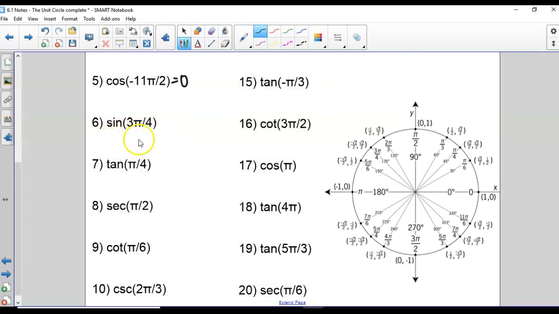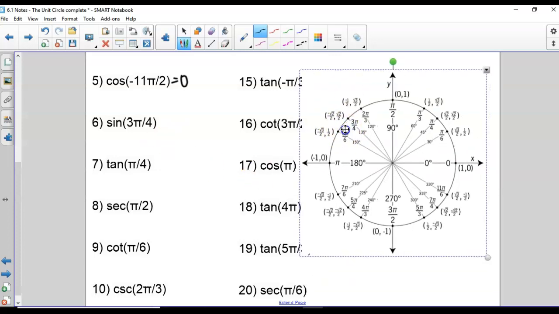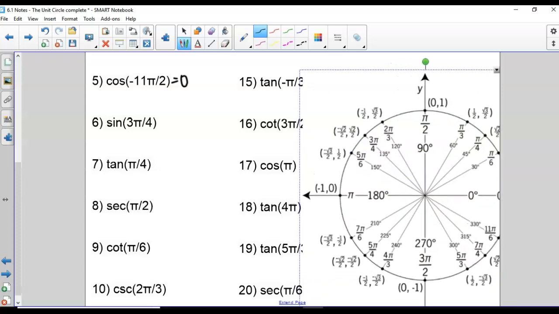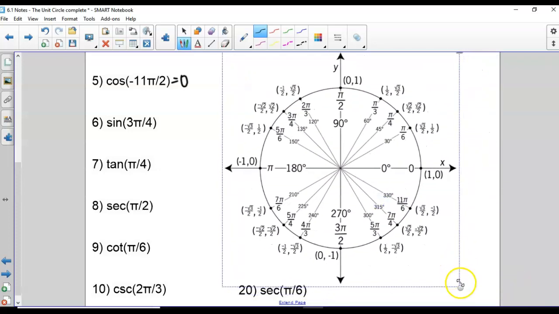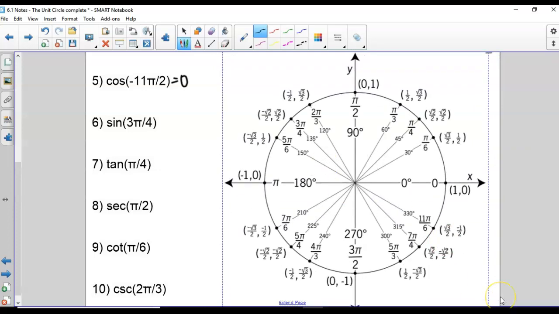Okay, nothing tricky about sine of 3 pi over 4. Richard, what would sine of 3 pi over 4 be? Make it a little bigger so you can see it. 3 pi over 4 is in the first, second, third, or fourth quadrant?